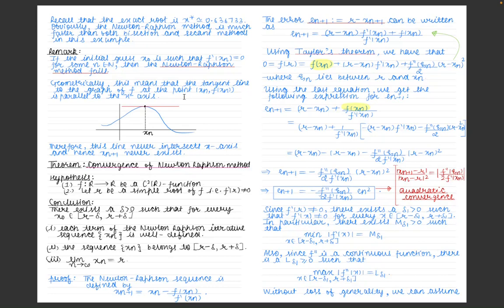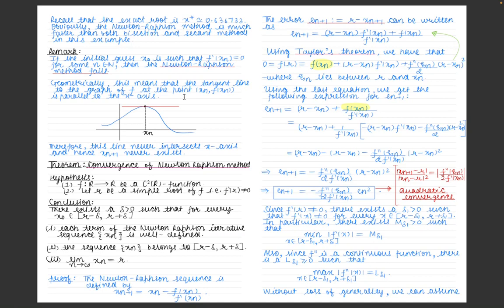And what will be the error? We are denoting the error at the n plus 1th stage by R minus xn plus 1. R, remember, is the original root and xn plus 1 is the approximation to the root at the n plus 1th iteration.